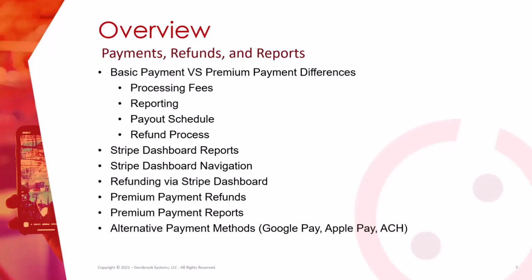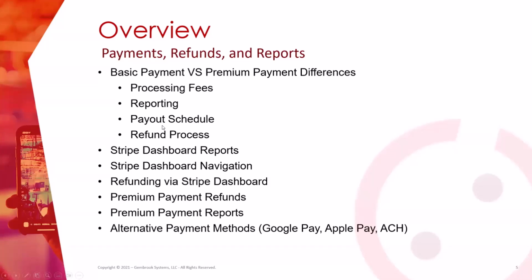Again, I think you can either choose it every certain number of days, you can do it weekly, bi-weekly, or monthly. So you can reach out to Club Express support and say, hey, what are my options for changing my payout schedule? It's not something you can actually change on the Stripe dashboard itself, but it's something that we can change for you on your account.